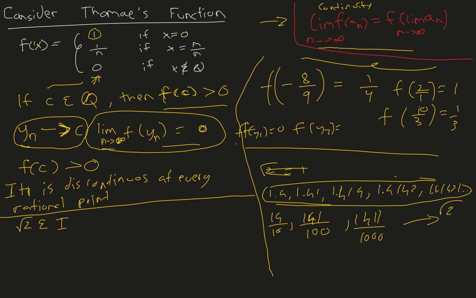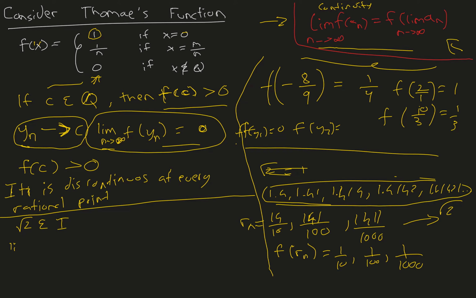So we now have a sequence, let's call it Rn, that converges to root 2. Using this statement, on the left hand side we have the limit of f of Rn. f of R1 will be 1 over 10, f of R2 will be 1 over 100, f of R3 will be 1 over 1000, and so on.